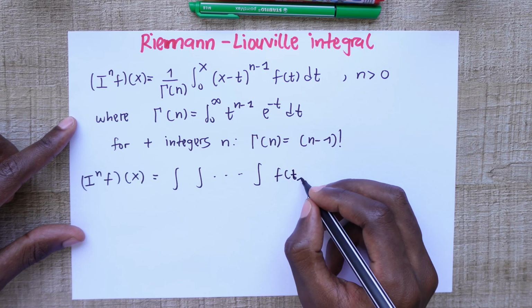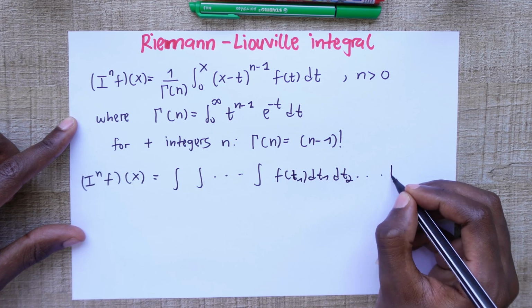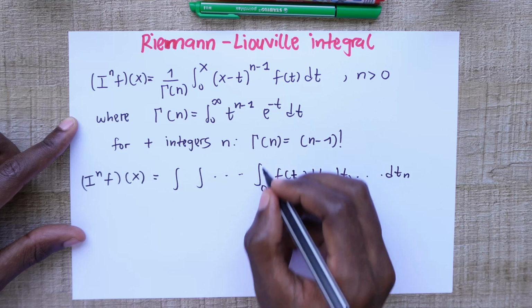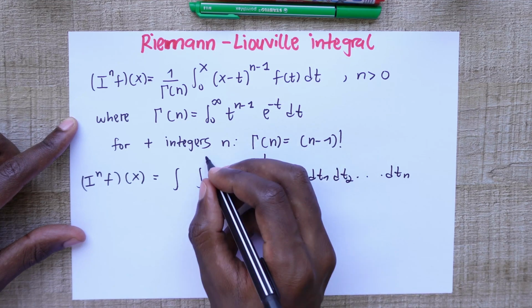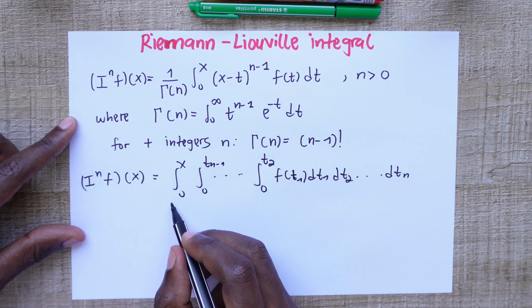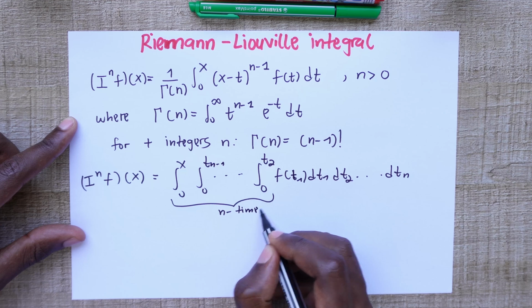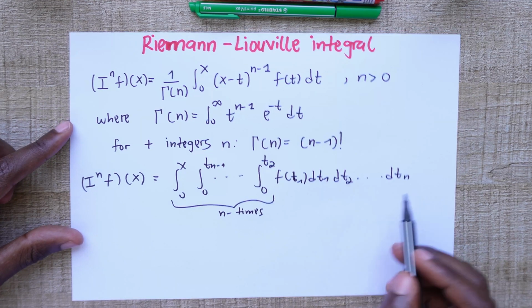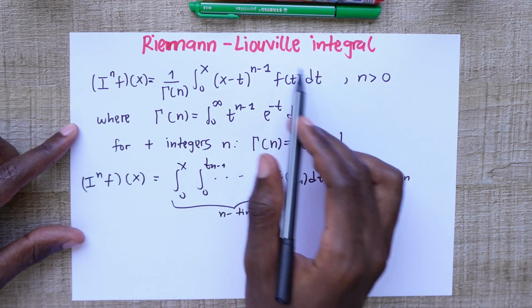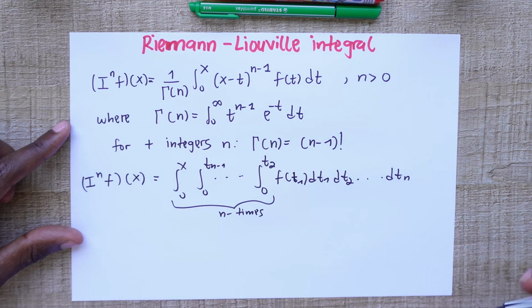So let's say f of t1, dt1, dt2, dtn, and then you put the corresponding boundaries. So I^n of f here means you are just integrating the function n times, okay? And what I will show here is that this is equivalent to what we have on the right hand side.